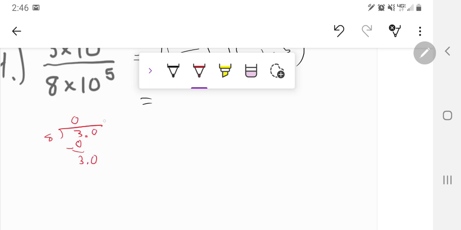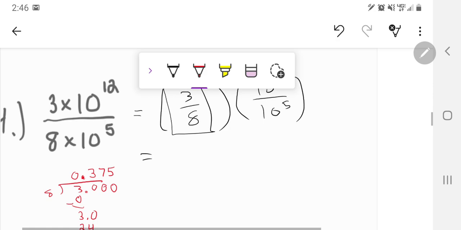All right, 8 goes into, put the decimal up there. 8 goes into 30 3 times. 3 times 8 is 24. Subtract it, we get 6. Got to bring a 0 down. 8 goes into 60 7 times. 7 times 8 is 56. Minus, we get the 4, bring down the 0. And 8 goes into 40 exactly 5 times. So there's our decimal.